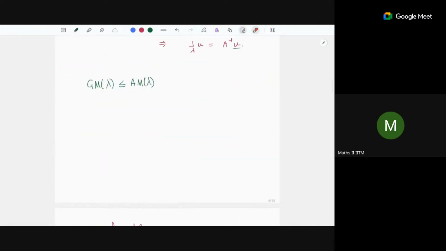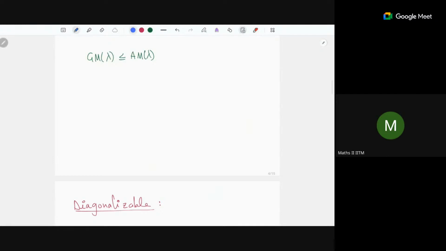Okay, so we know this relation that 1 is smaller than or equal to GM of lambda, which is smaller than or equal to AM of lambda. Now what happens when the equality holds true? If the equality holds true, then you can diagonalize your operator. What does it mean to diagonalize an operator?